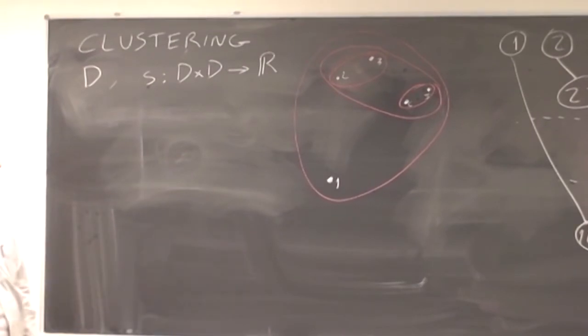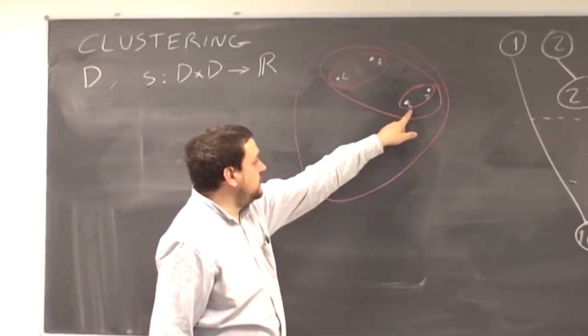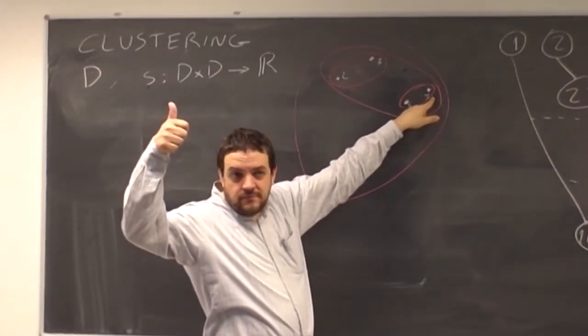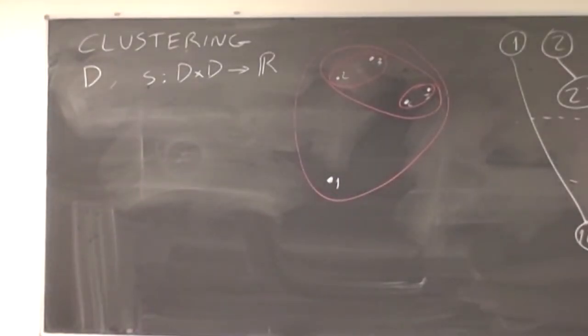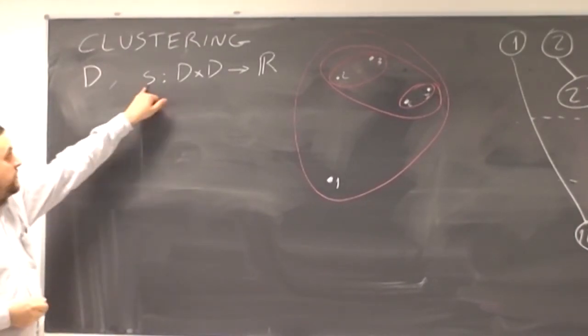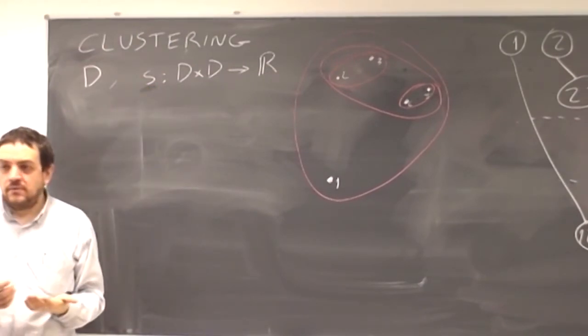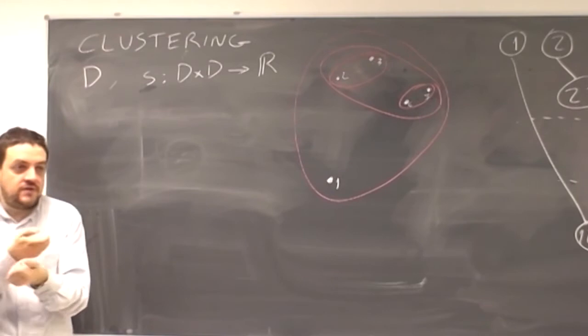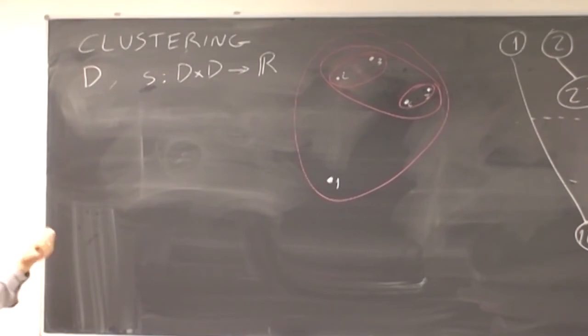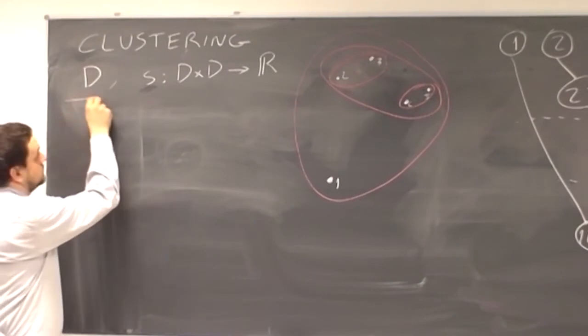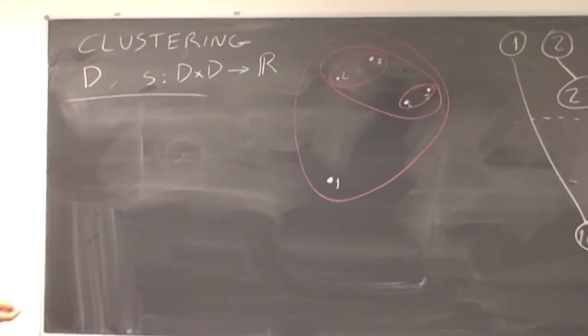Two different items have a low similarity. So the similarity between 4 and 5 should be high, and the similarity between 1 and 5 should be low. Of course, as I said last Monday, if we prefer to consider distances, that's exactly the same. We only need to reverse all inequalities. So, a larger similarity means a smaller distance. And that's all that we have.